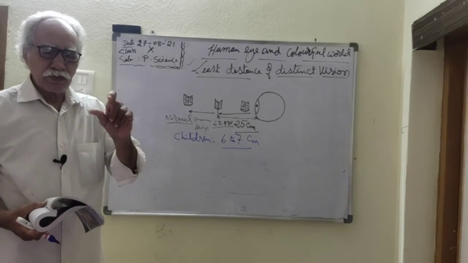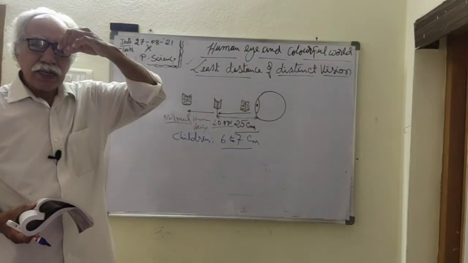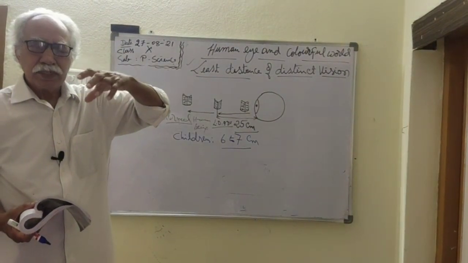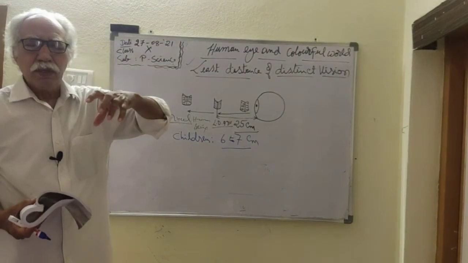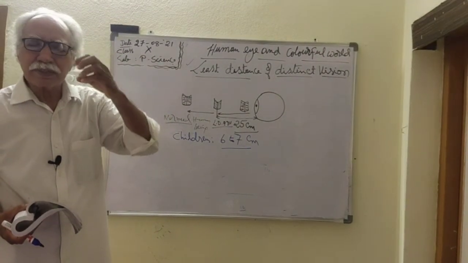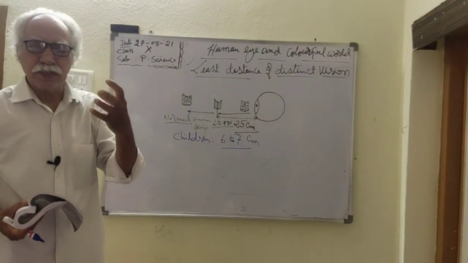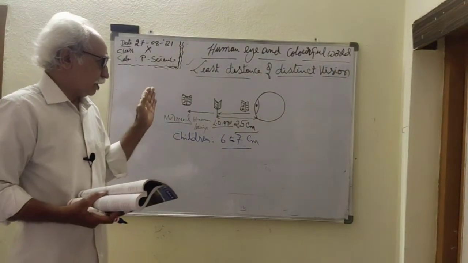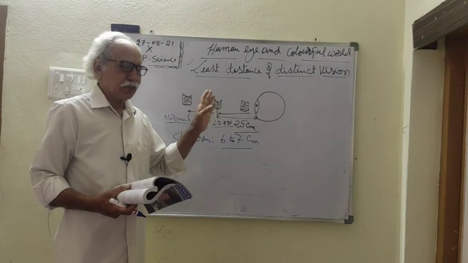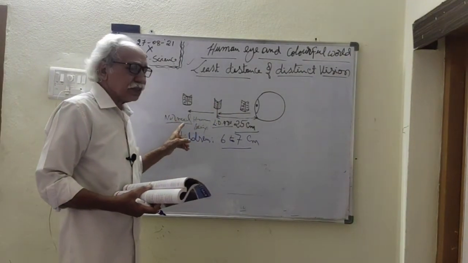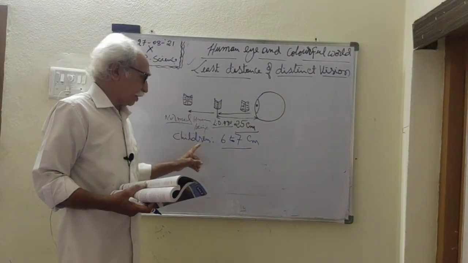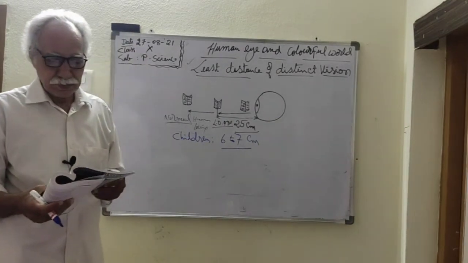In children you find the optic nerves and optic muscles are highly flexible, therefore the lens can be adjusted easily, hence the least distance of distinct vision in children is 6 to 7 centimeters.